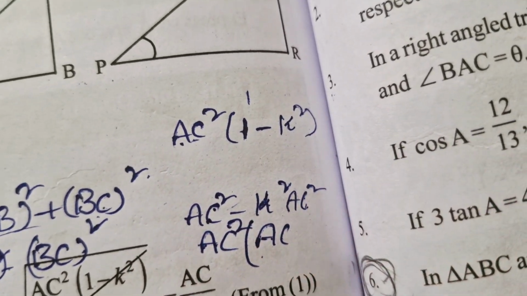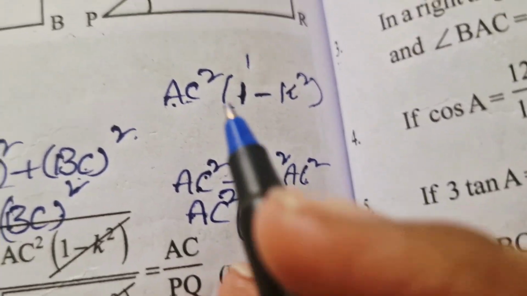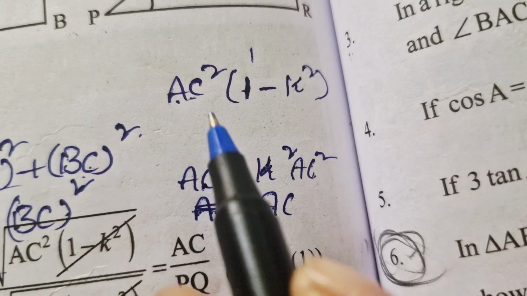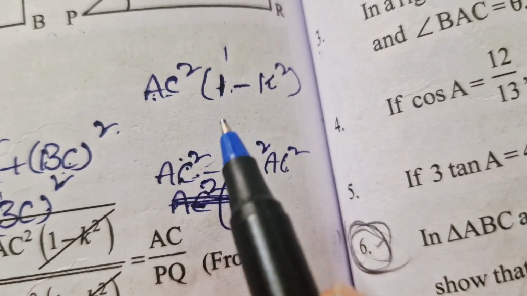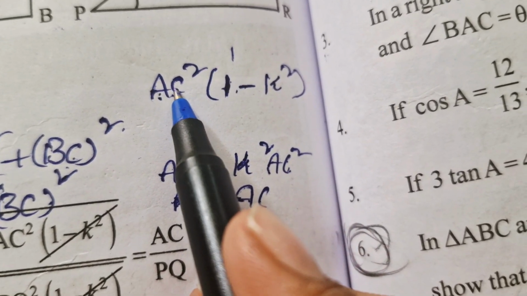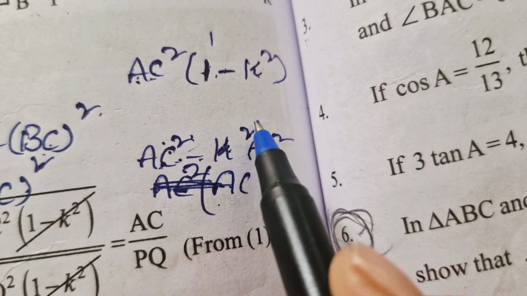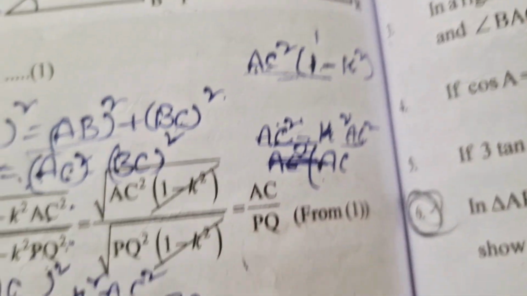Are you clear? Let me tell it once again. Here, AC square we have written as 1. AC square into 1 is equal to AC square. AC square into minus K square is equal to minus K square AC square. We have taken common here.